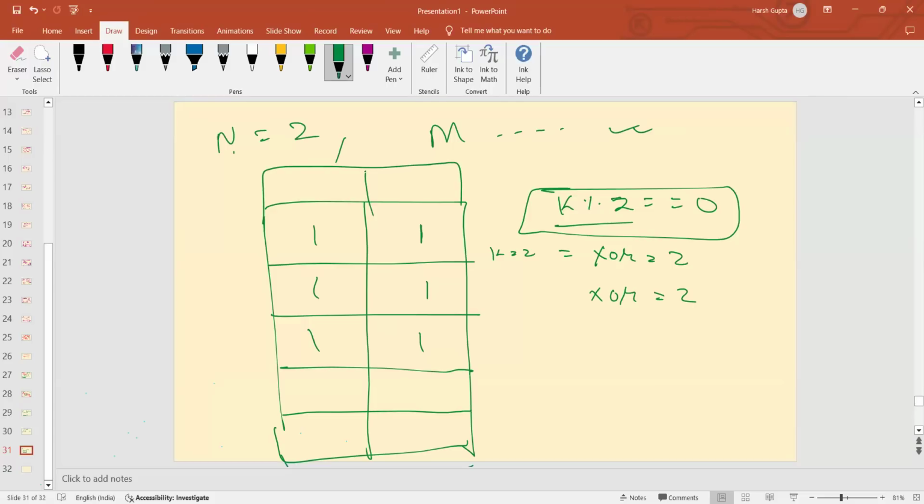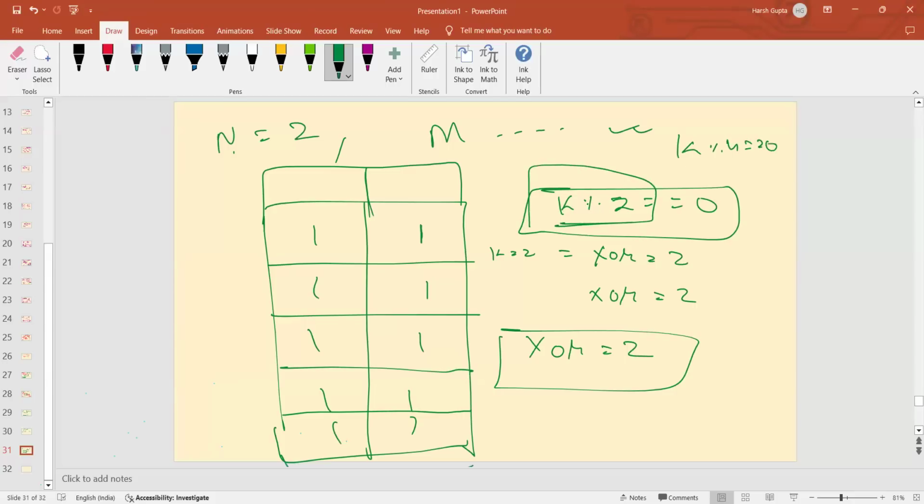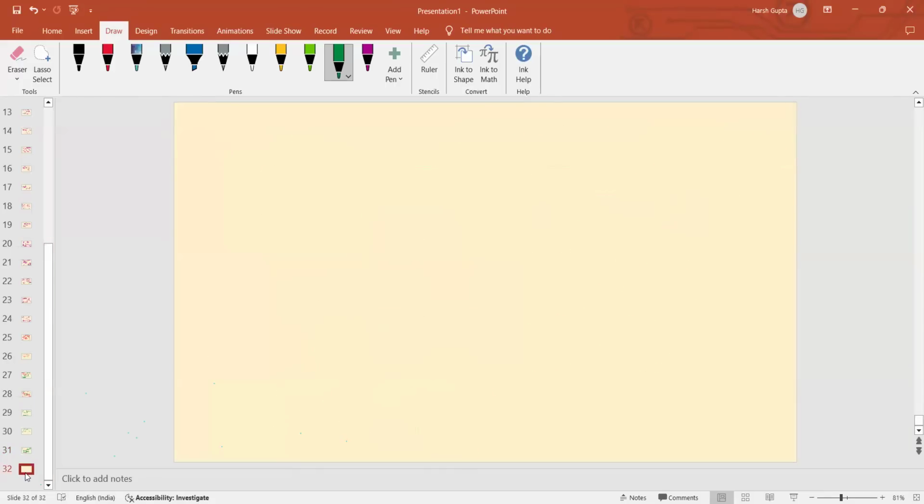For k equals 10, you will again get XOR value as 2. So whatever you are doing, k modulo 4 equals 0 or k modulo 4 equals 2, in that you will always get XOR equals 2. It's not possible to get a lesser XOR.